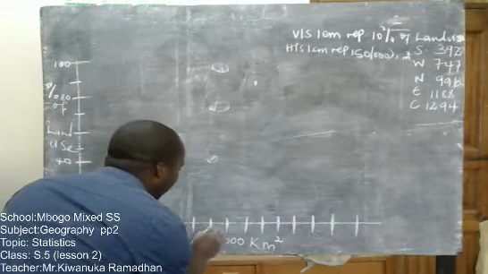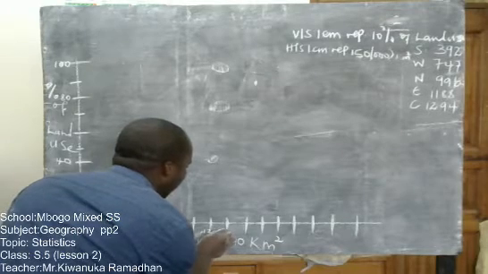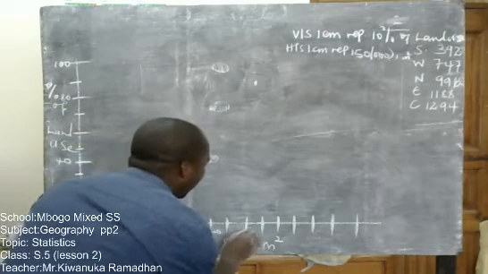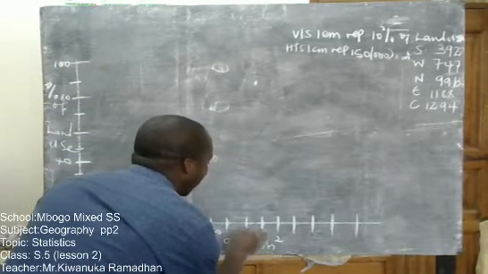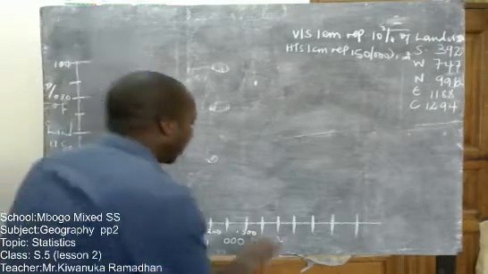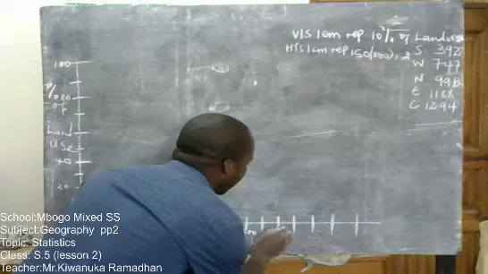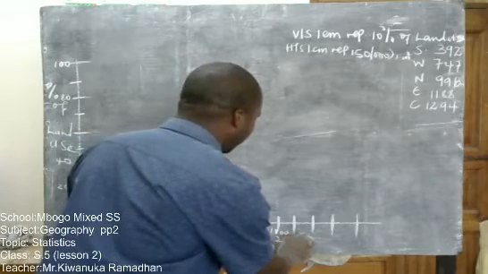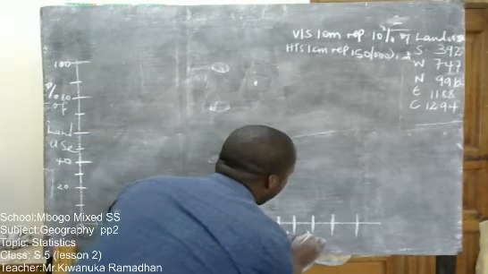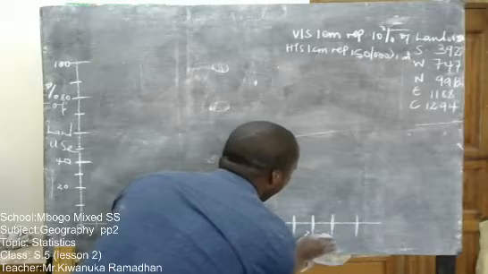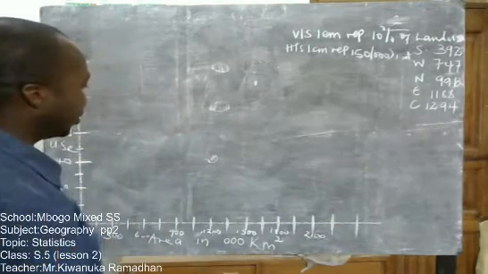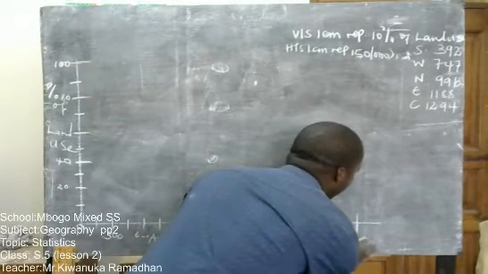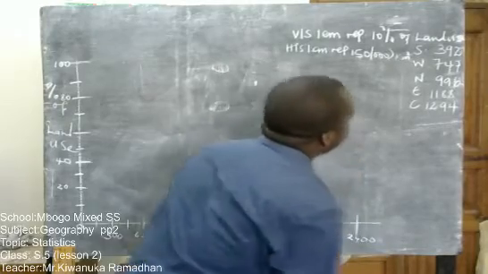Then 1,200. Then 1,500. Then 1,800. Then 2,100. Then 2,400.